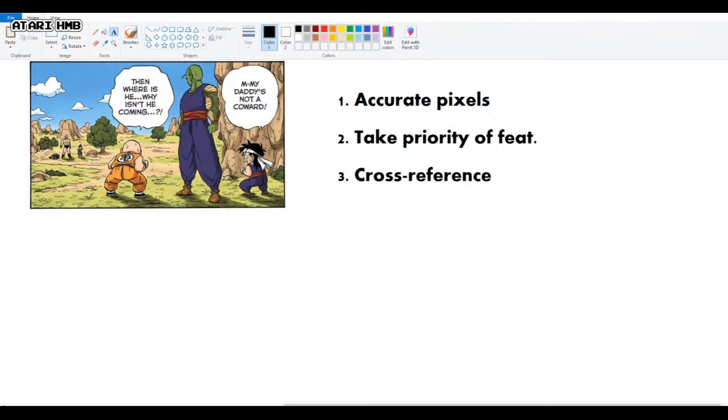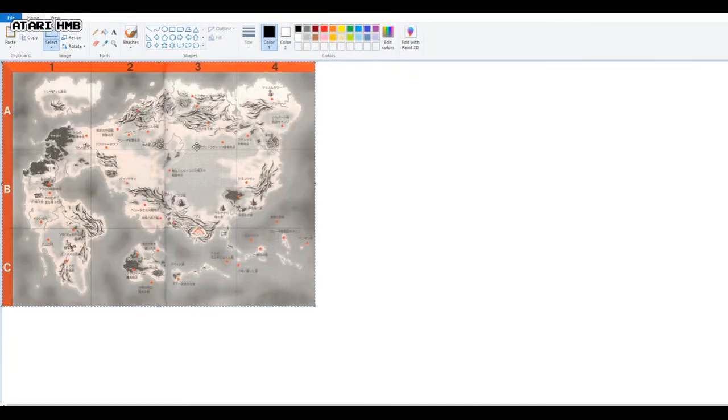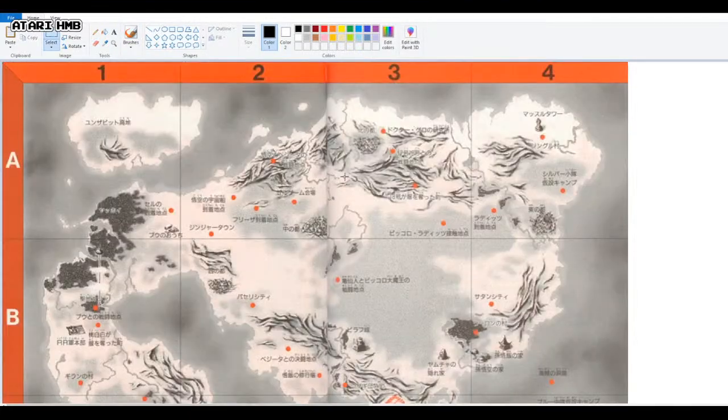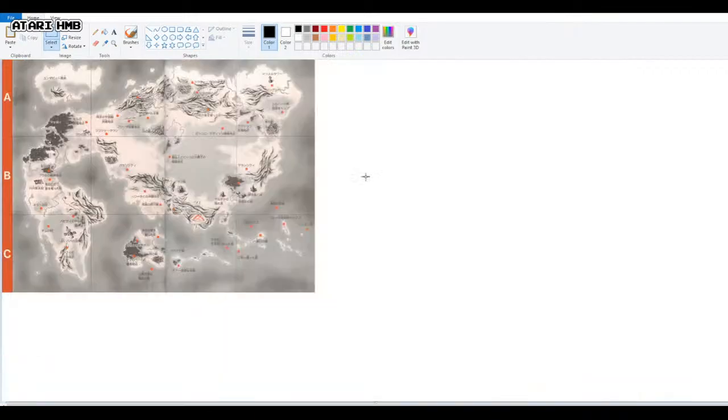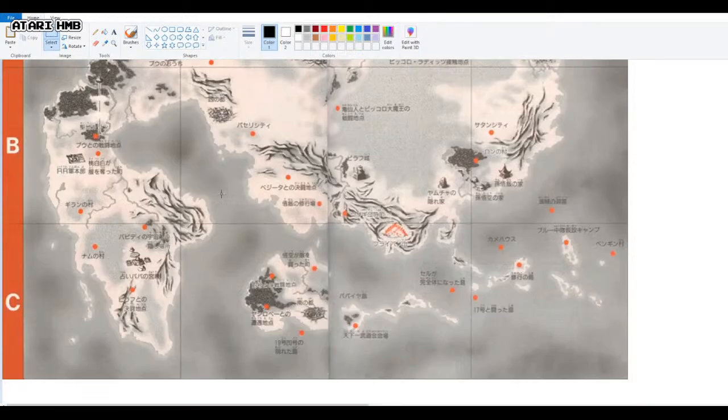So I'm going to give you a quick example. I'm going to pull the official Daizenshu 4 Dragon Ball map, okay? I'm going to show you an example. So let's open a new file. So as you can see here, we're going to use this as a baseline, right? It's important to use this because it's going to help us understand a couple things.